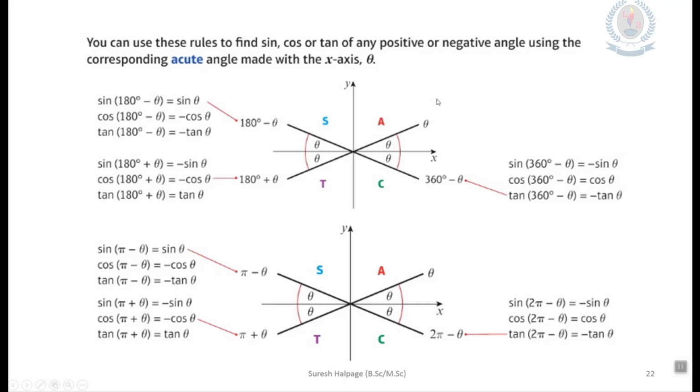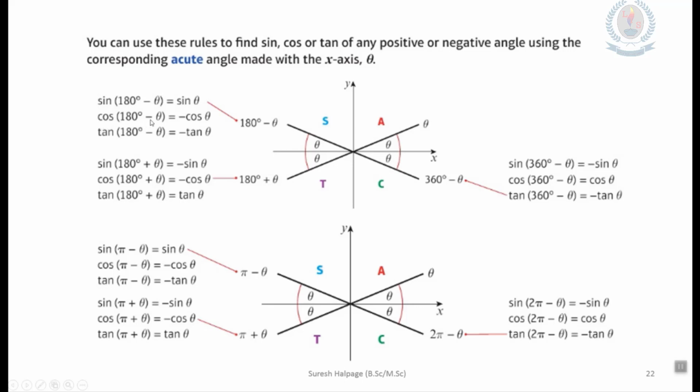So can you remember this diagram? So you can use these rules to find sine, cos or tan of any positive or negative angle using the corresponding acute angle. Acute means less than 90 degrees, with the x-axis, angle theta. So sine 180 minus theta, you can write sine theta.